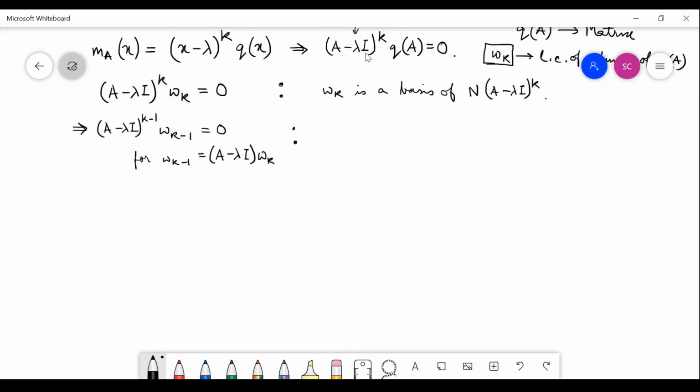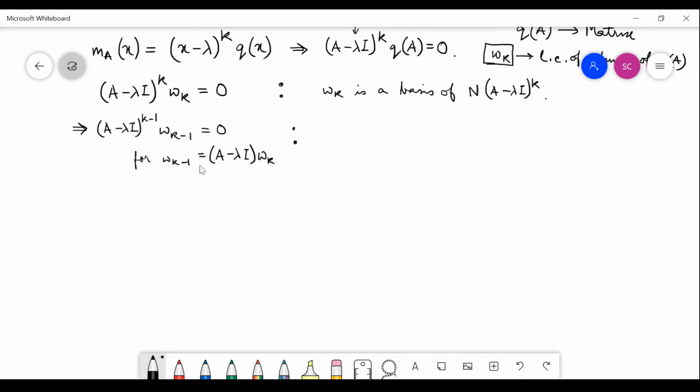That's why this is the minimal polynomial. This is the highest degree. Any degree lesser than that will not give you a 0. So you can be very much assured that multiplying any vector with simply A minus lambda I will not give you 0.